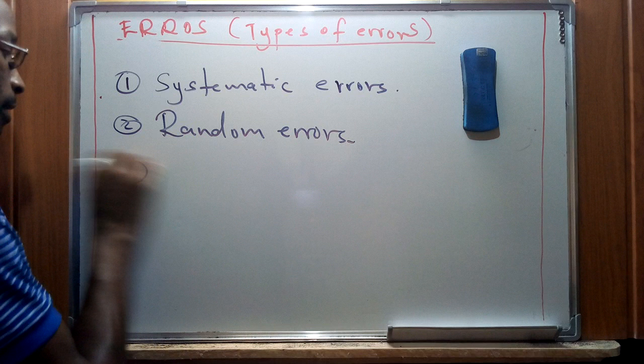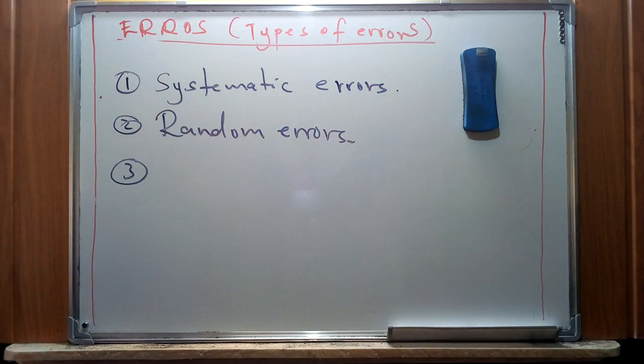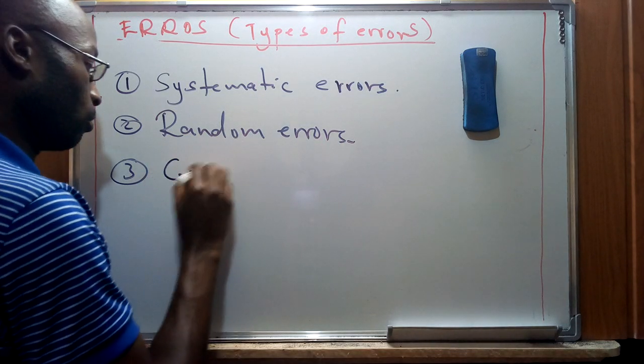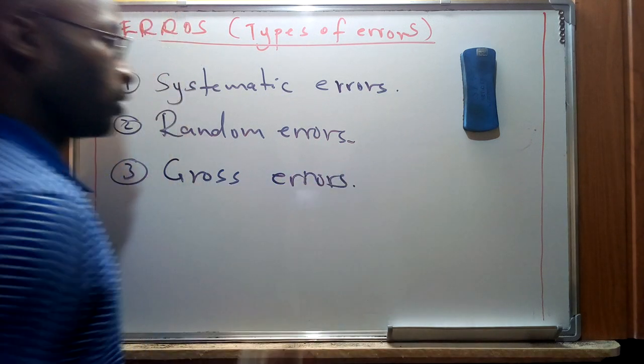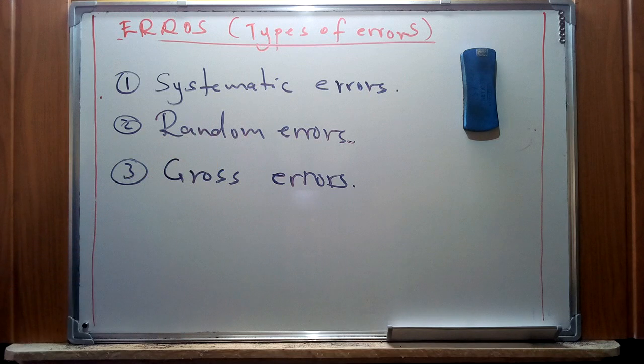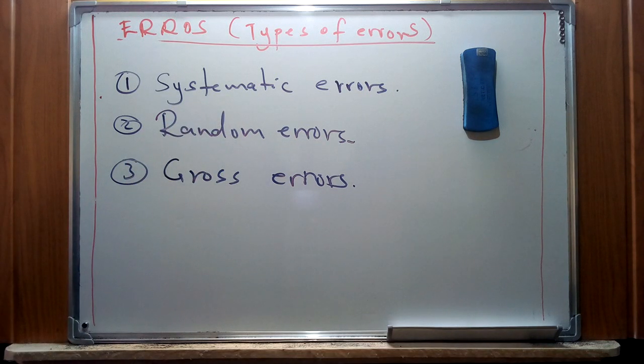Of course, there are other categories, but these are the main classes of errors that we're going to discuss in this specific discussion. And then lastly, we're going to look at the concept of gross errors. So these are the three categories. And as I said, their type of classification depends on what specifically causes these particular errors.